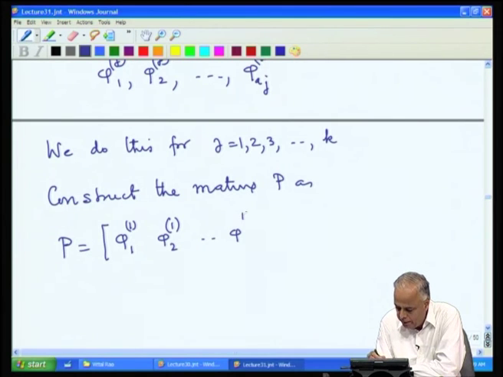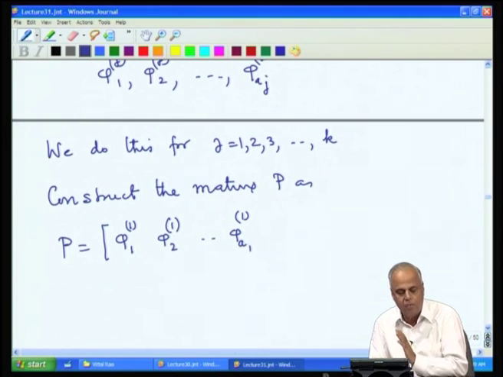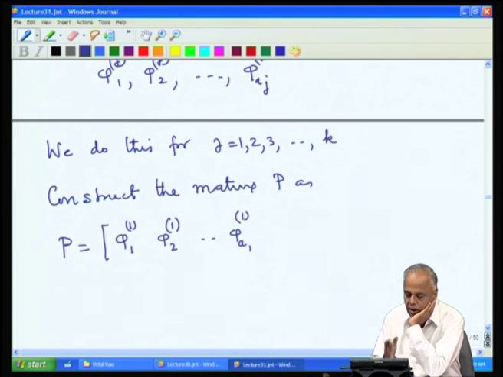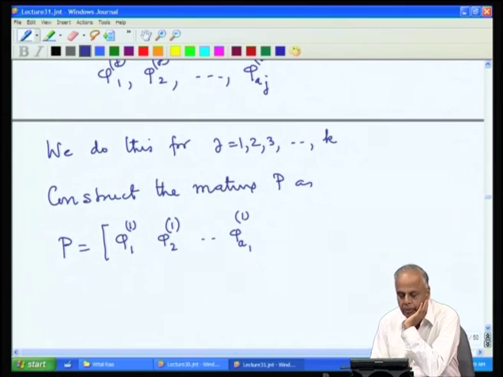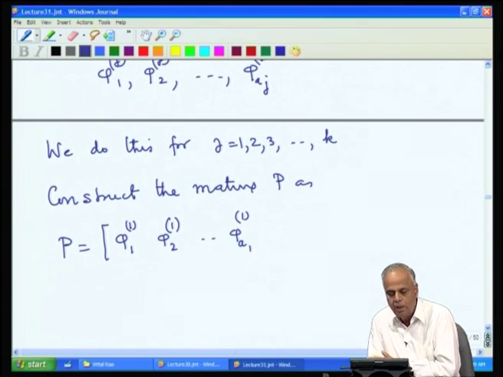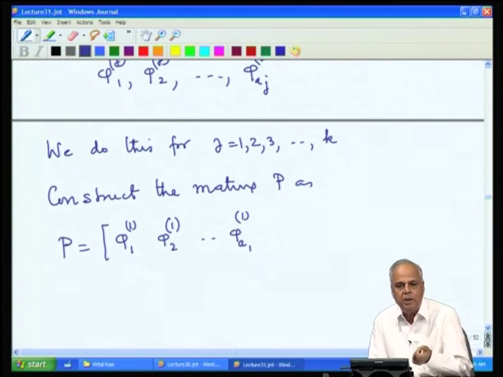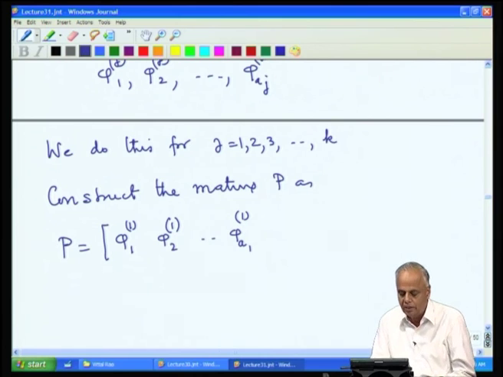How many of them are there? a 1 of them. Write down all the eigenvectors as columns of this matrix P. First look at the eigenvectors corresponding to lambda 1, they come as a basis of W 1, which has a basis consisting of a 1 vectors.